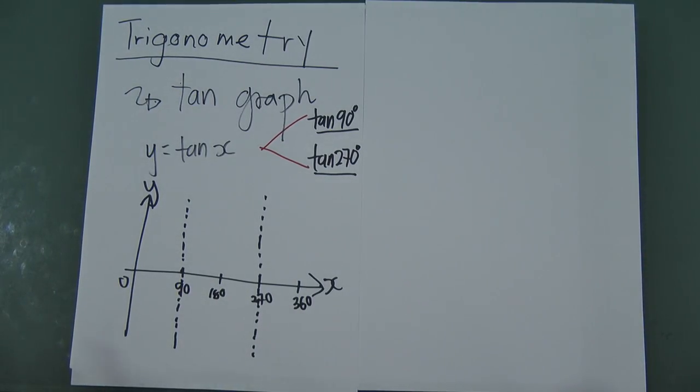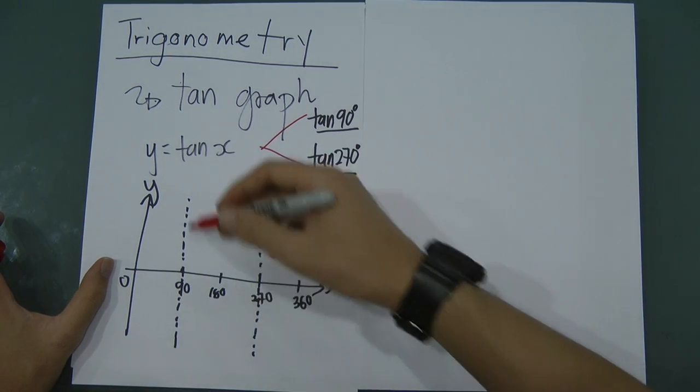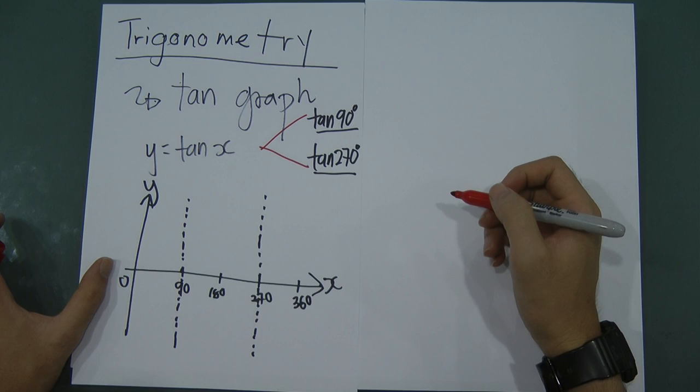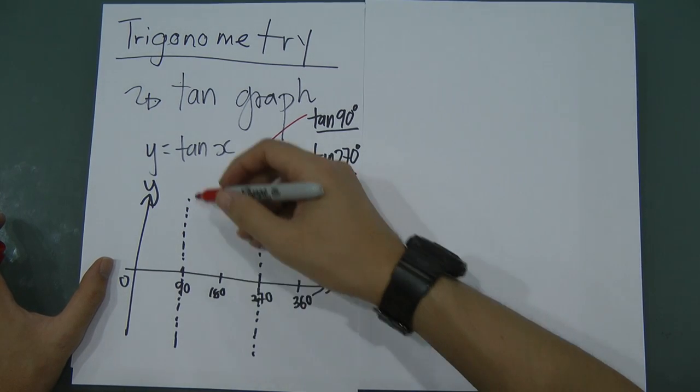What I want you to memorize about the tangent graph is to imagine these two dashed lines are like magnets, meaning your graph will get very close to these two lines.